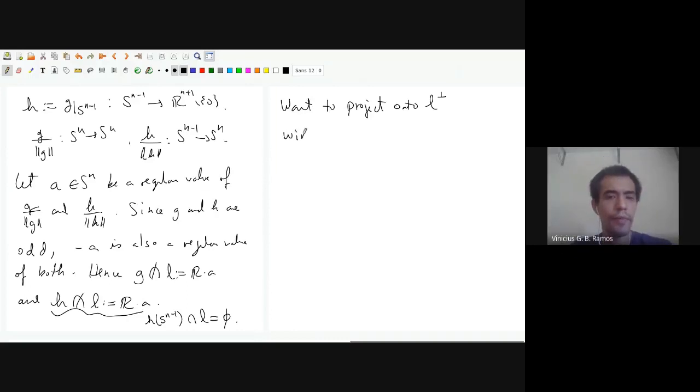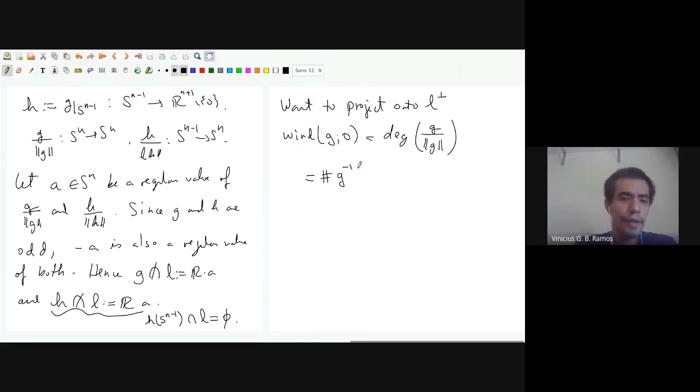I want to compute the winding number of G relative to 0. That, by definition, is the degree of the map G over the norm of G. And the degree of the map is basically the number of pre-images of a regular value.